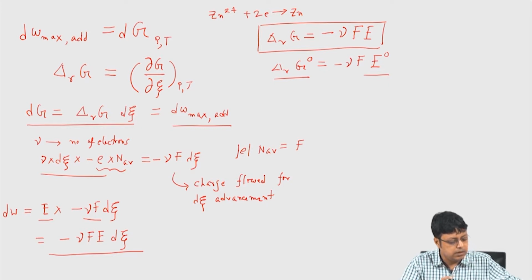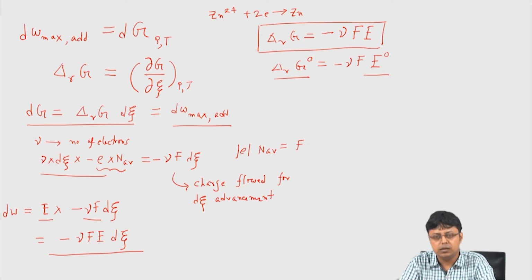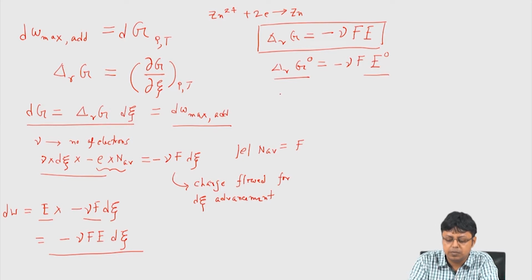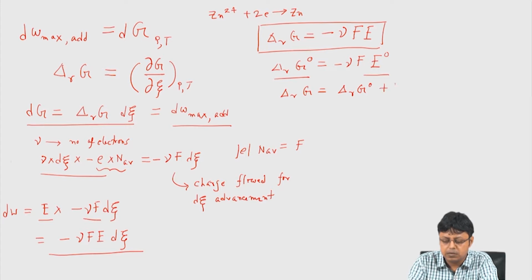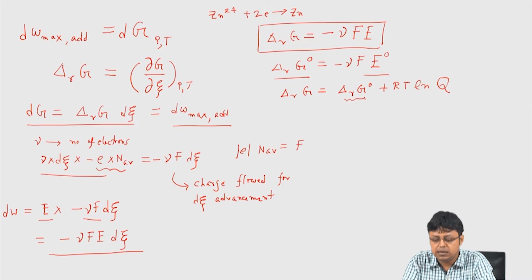Now, the question is how you will define this E 0, but before that, you know that in chemical equilibrium we had delta R G equal to delta R G 0 plus R T ln Q, where Q is the reaction quotient.